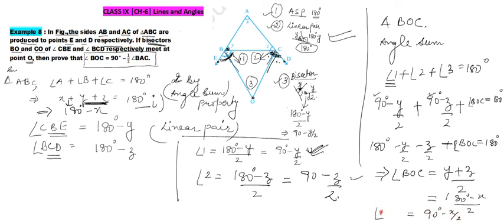So what we have concluded in the last step is that angle BOC is equal to 90 degree minus x by 2. And this is what we were supposed to prove, that angle BOC is equal to 90 degree minus half of angle BAC, and BAC is nothing but angle x. So this is how we have proved it using the concept of angle sum property, linear pair and basics of bisector. Thank you and keep watching.